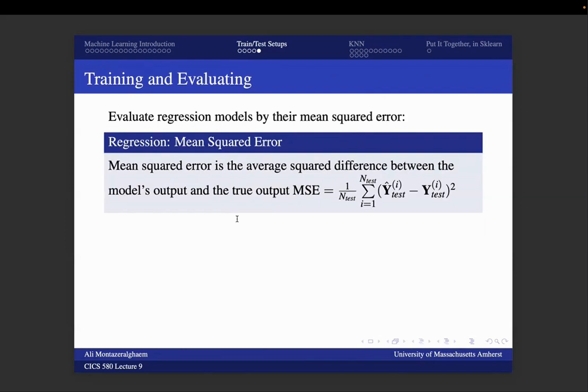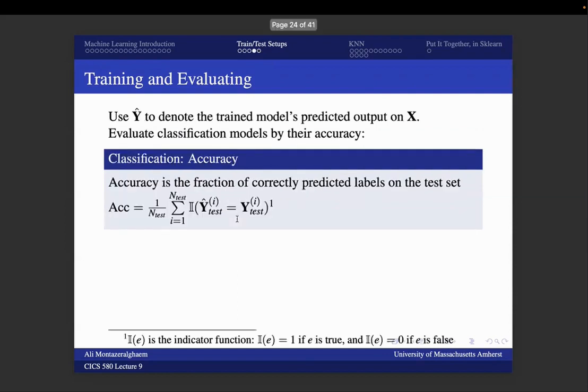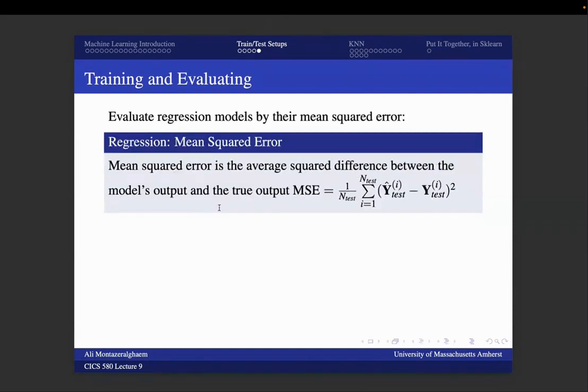For example, we want to predict the price of a stock, and the price is 2.6. In this case we don't have any label to use in this indicator function, right? So we need another evaluation for regression models, which is the mean square error.